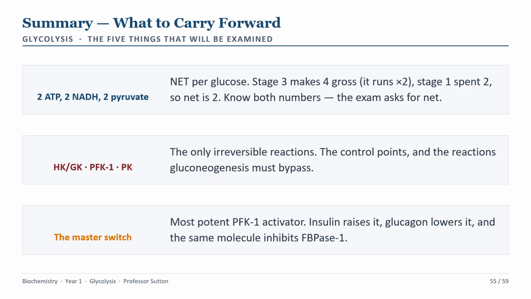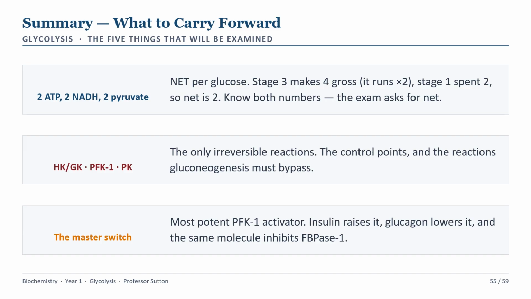Okay, 5 items. If you retain only 5, these are the 5. 1. The yield. Net 2 ATP, 2 NADH, 2 pyruvates per glucose. Gross is 4 ATP. Know both numbers and know that the exam asks for net. 2. The 3 irreversible steps: hexokinase or glucokinase, phosphofructokinase 1, and pyruvate kinase.